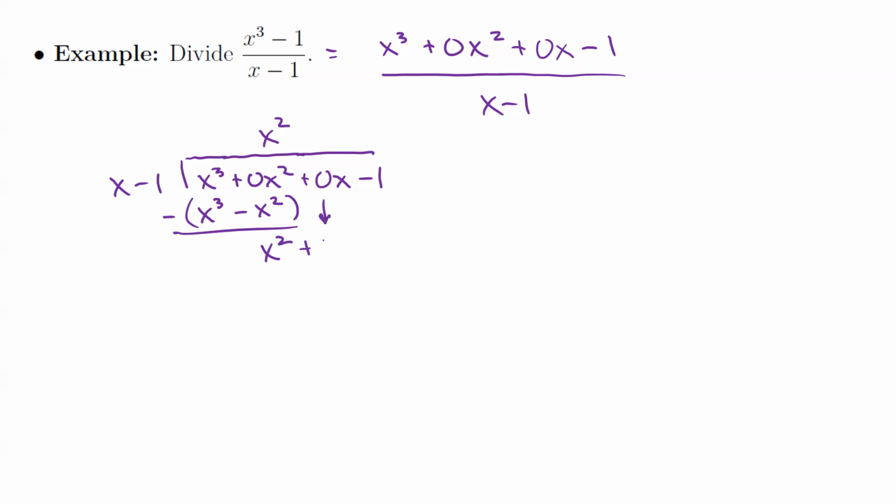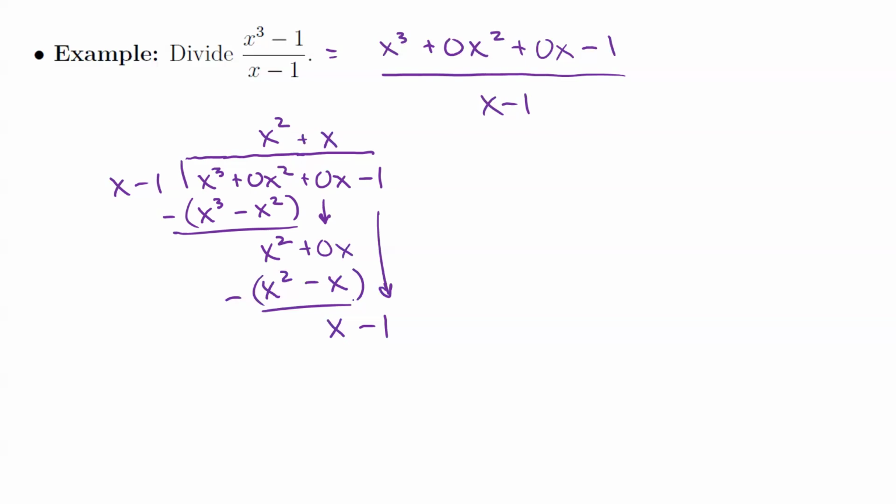Even though it kind of seems silly, you can go ahead and drop this down. Okay. And then we'll say to make x squared, you just need to multiply by x, right? X times x is x squared. X times negative 1 is negative x. And again, 0 minus negative x is plus x, or positive x as a remainder.